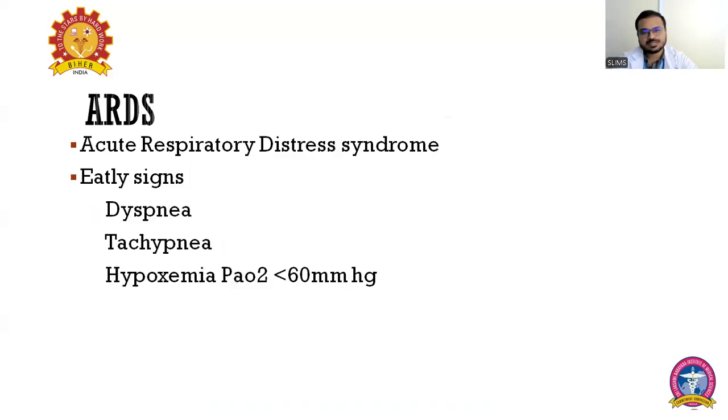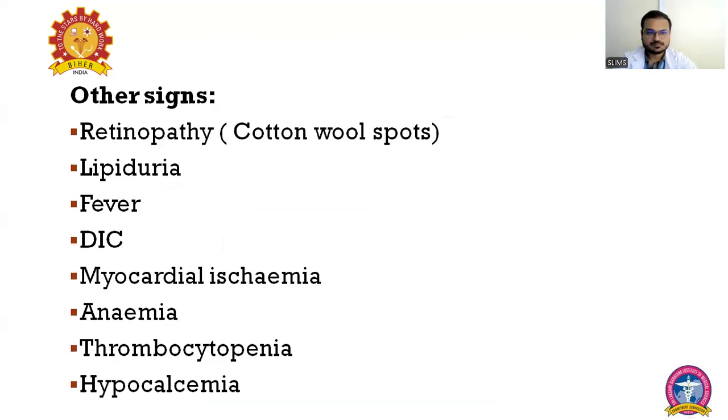So, what is acute respiratory distress syndrome? Acute respiratory distress syndrome presents with early signs of dyspnea, which is difficulty in breathing, tachypnea, where the respiratory rate is more, and hypoxemia, or a partial pressure of oxygen less than 60 mm of mercury.